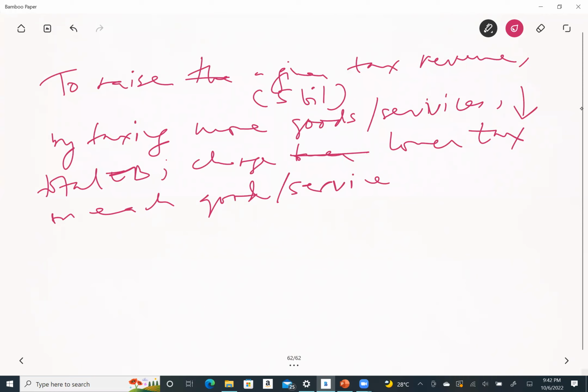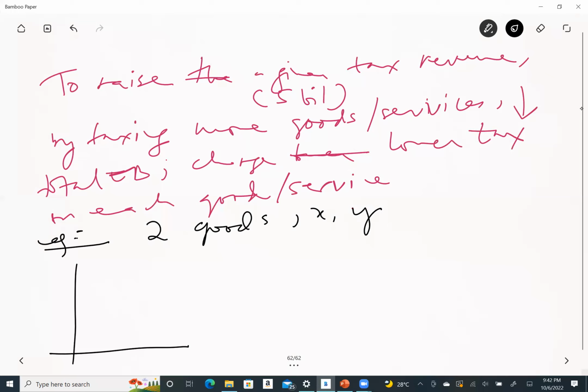Okay, you get the idea? Yes. Okay, good. Example. Now let's say I consider only two goods right now, X and Y. This is X, that is Y. So I have Q and P here.